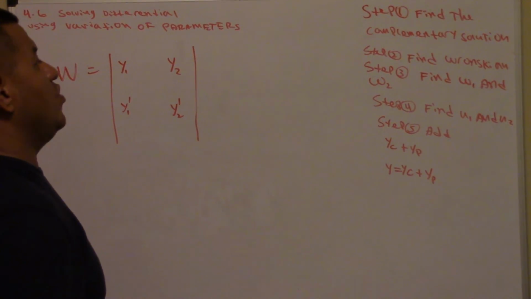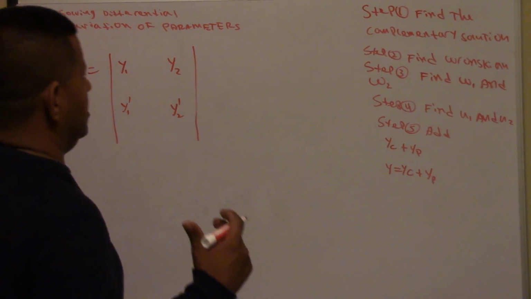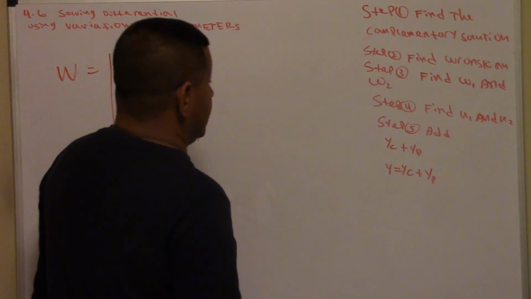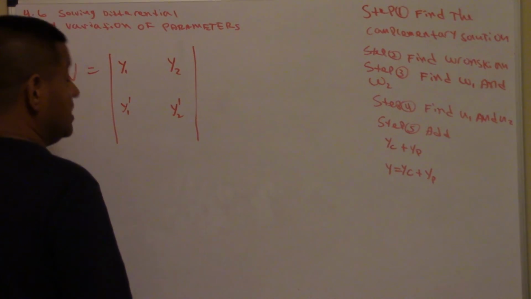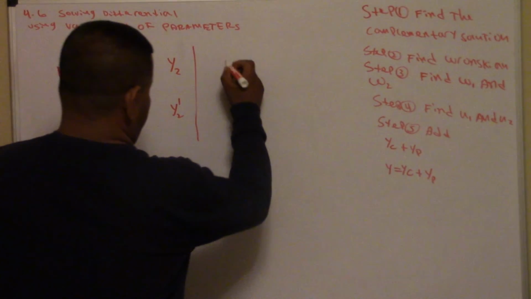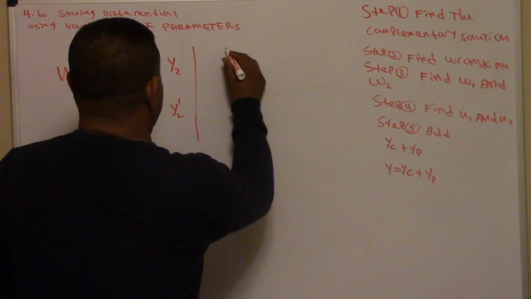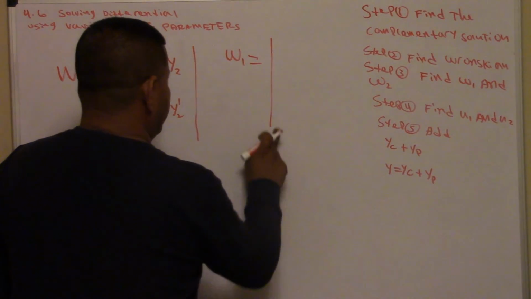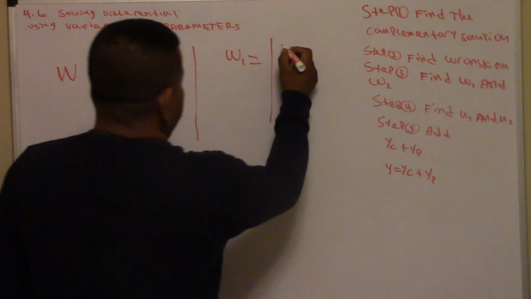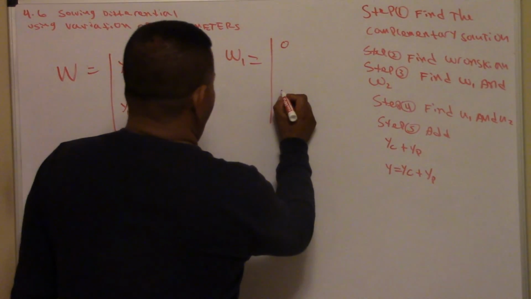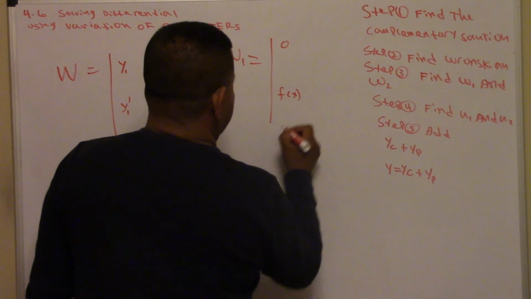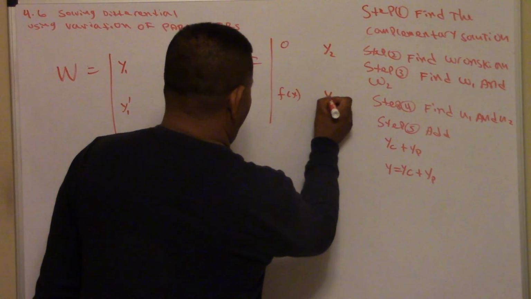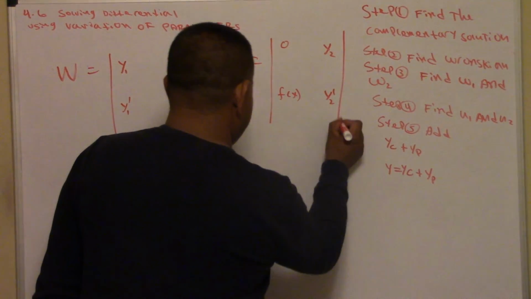Now we are going to find u1, W1 and W2. W1 is going to be equal to the determinant of 0 over f of x, and then y2 over y2 prime.